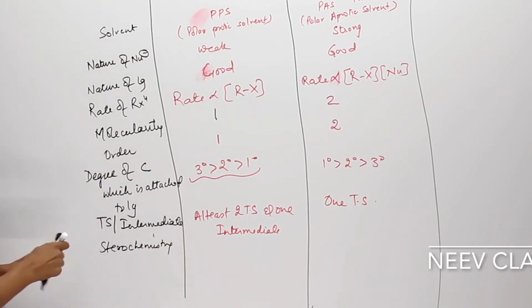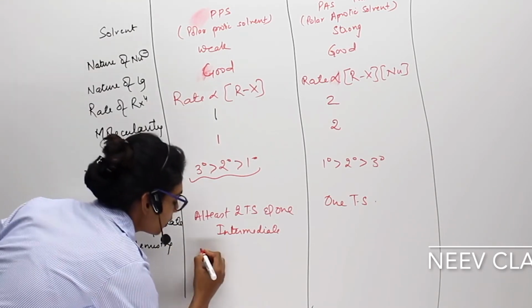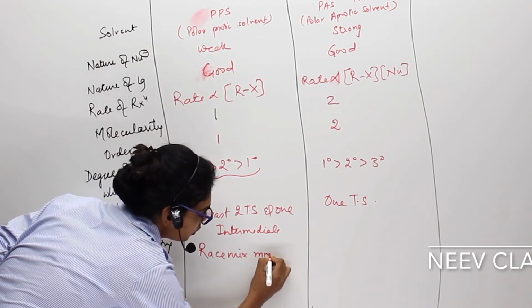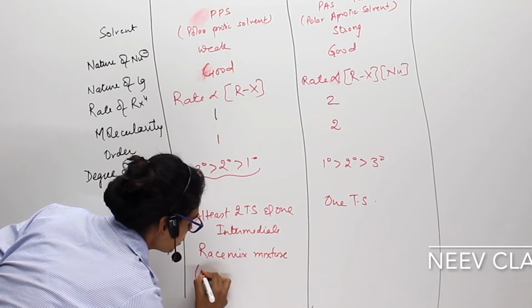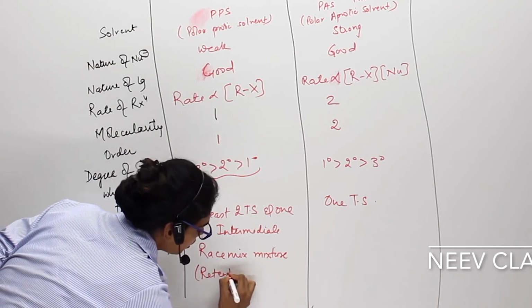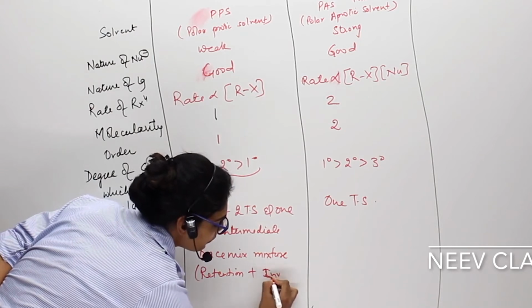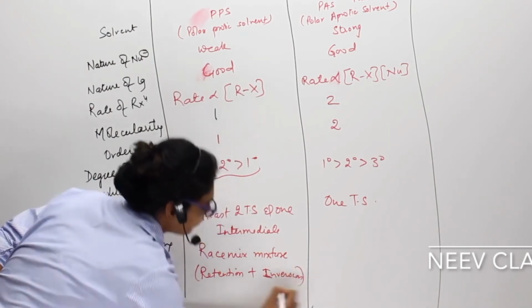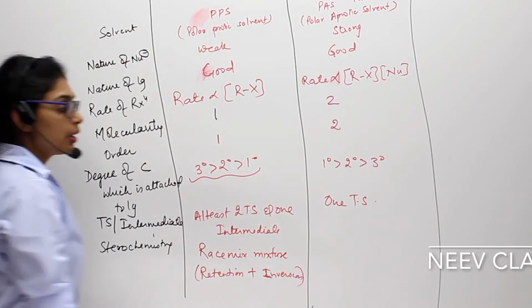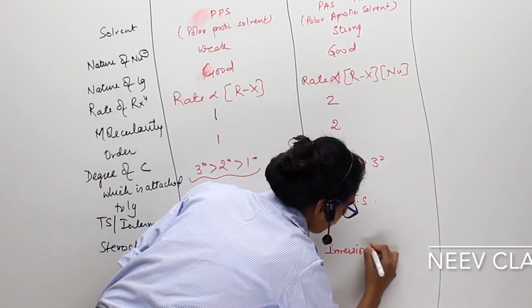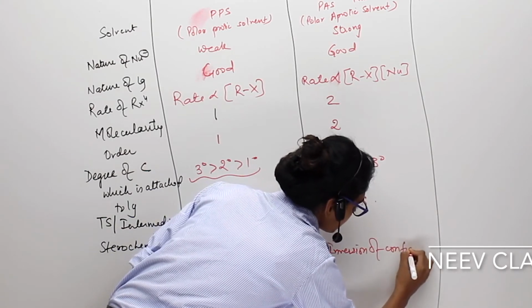So the product formed by SN1 will be a racemic mixture. So retention as well as inversion both will take place. In case of SN2, only inversion takes place. Inversion of configuration takes place.